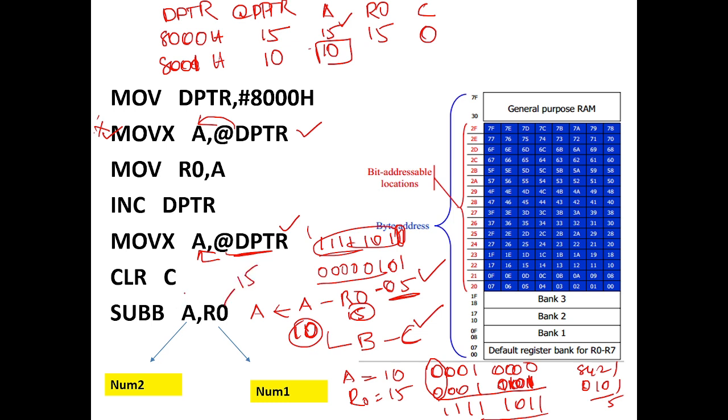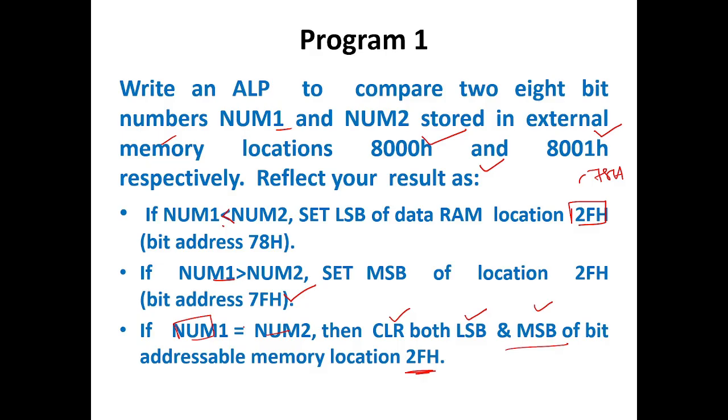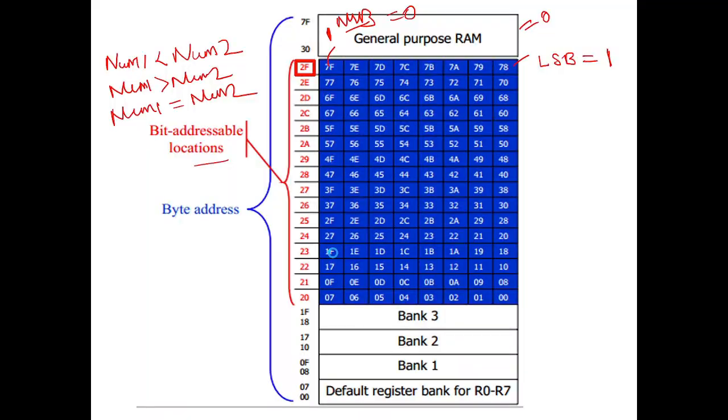What is the A value? Number 2 is 10. Right. That means 15 is greater than 10. That means which condition will work? This condition will work. So if number 1 is greater than number 2, I need to set the bit address 7FH. Right. So go to this.